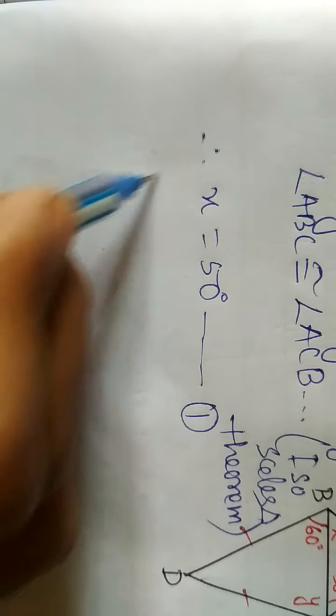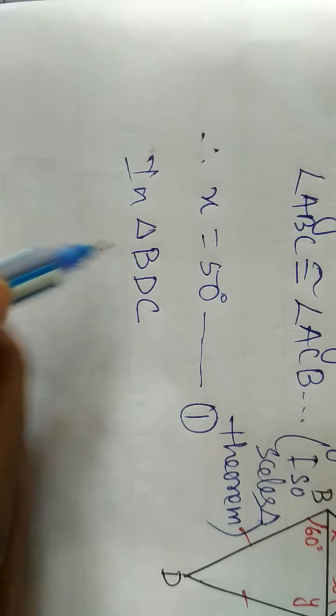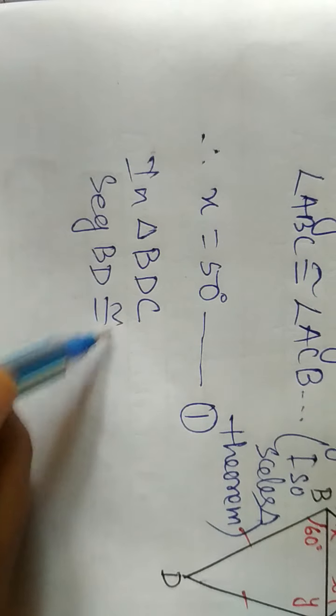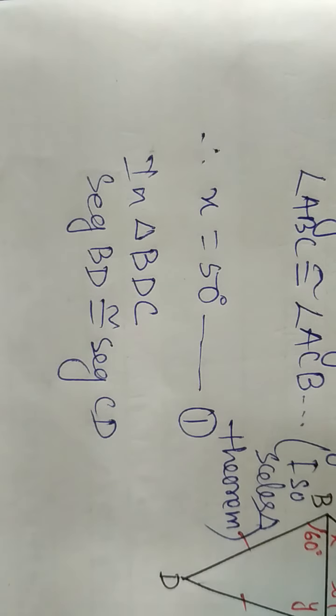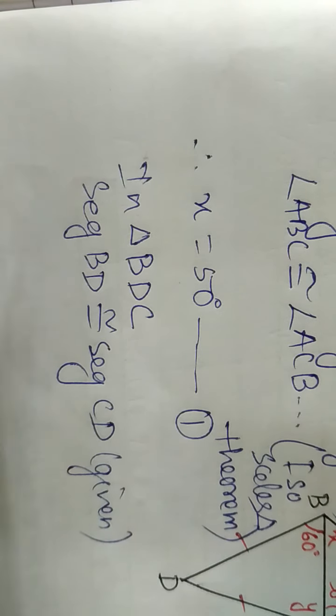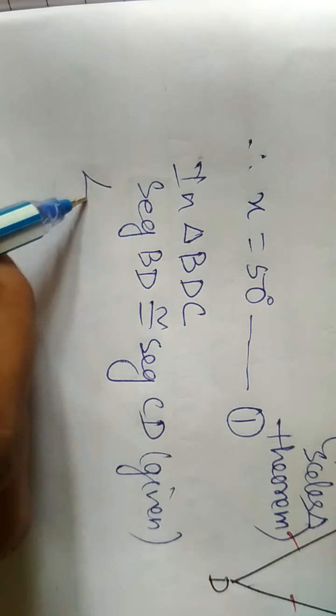Then we will take triangle BDC. In triangle BDC, segment BD is congruent to segment CD. It is given in the question itself. So the angles opposite to the congruent sides will be equal.